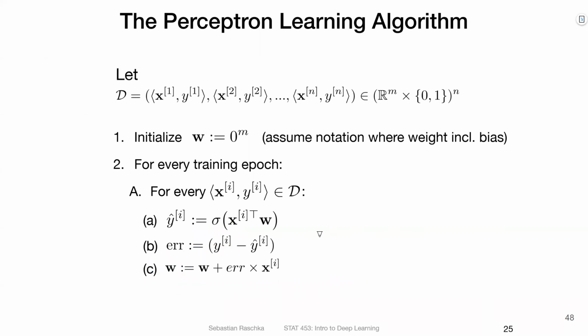More formally, let's say we have n data points, x1 to xn. And what we are going to do is, first of all, we initialize the weight vector as a 0 vector. And it has the same dimension as the input vector.